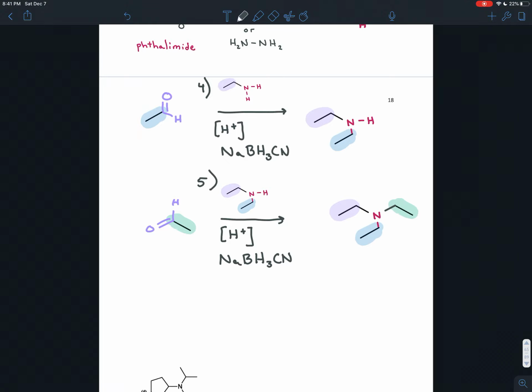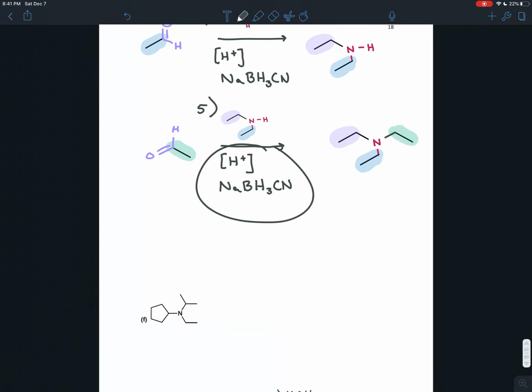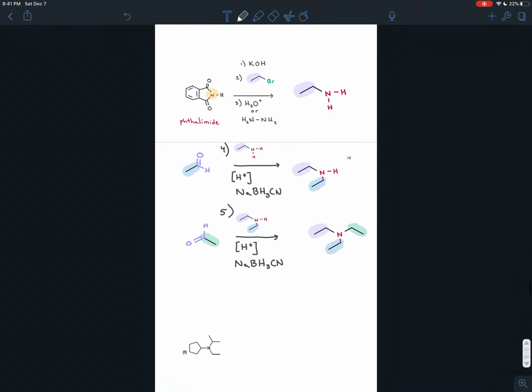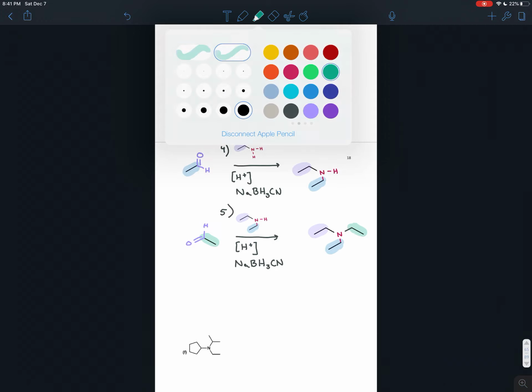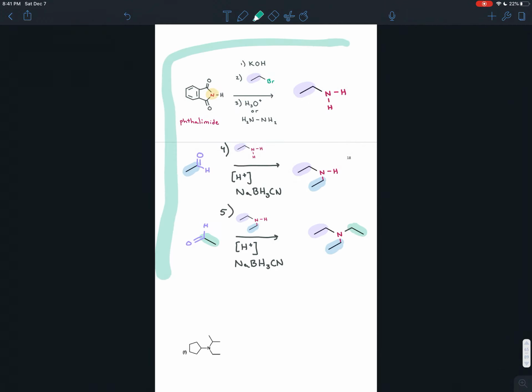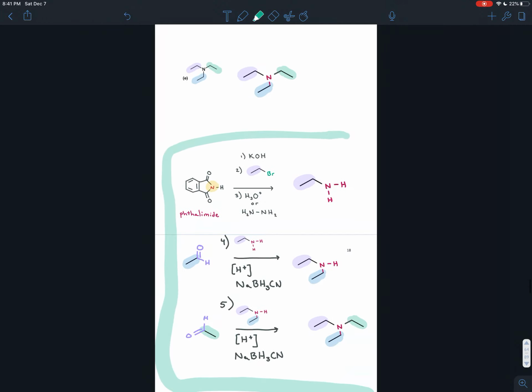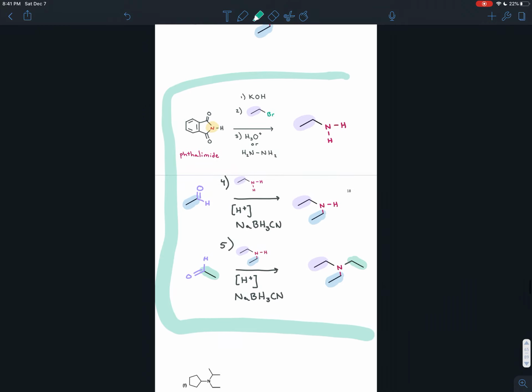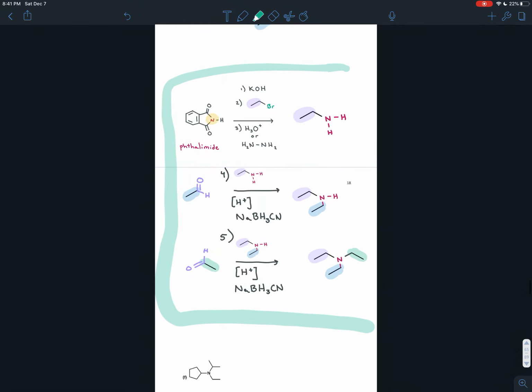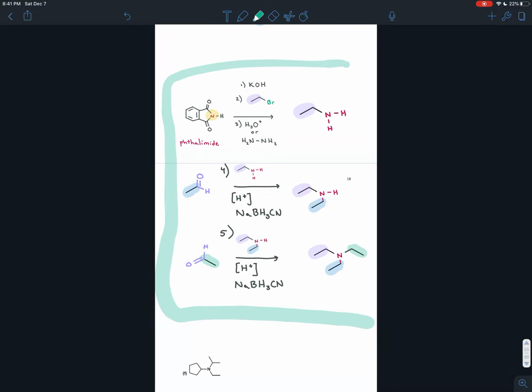And then in a 5th and final step, we can take our secondary amine, combine it with the last aldehyde that we need to add on. In the presence of an acid catalyst and a weak reducing agent like sodium cyanoborohydride, that gave us our final product. So overall, that is the synthesis for this amine, using the Gabriel synthesis followed by a couple reductive aminations.